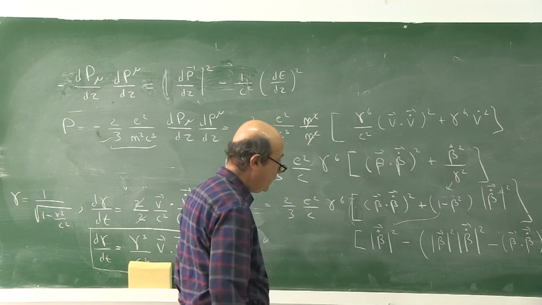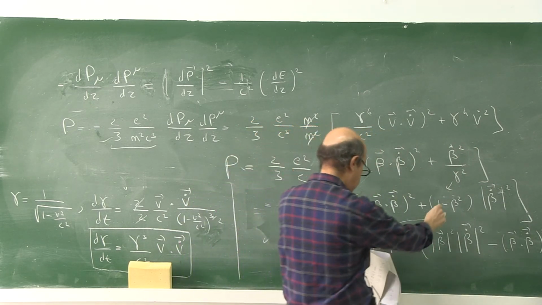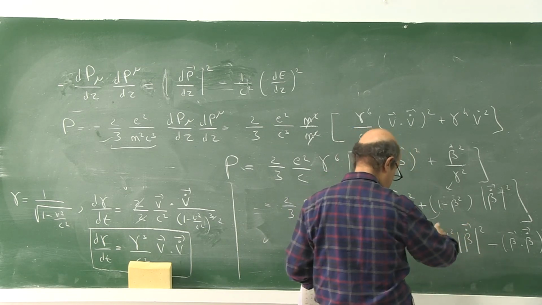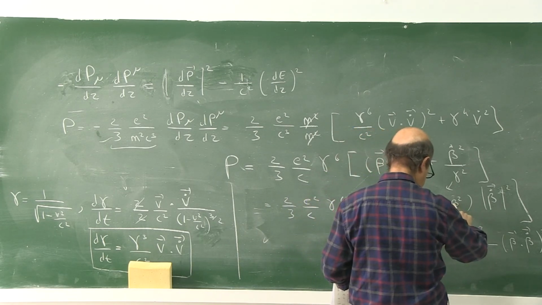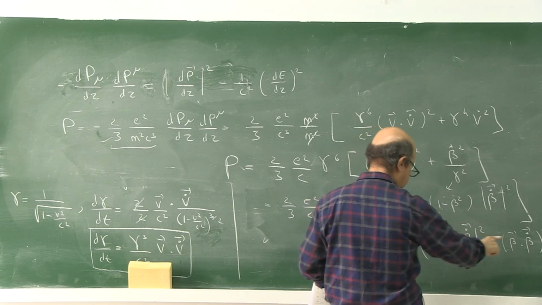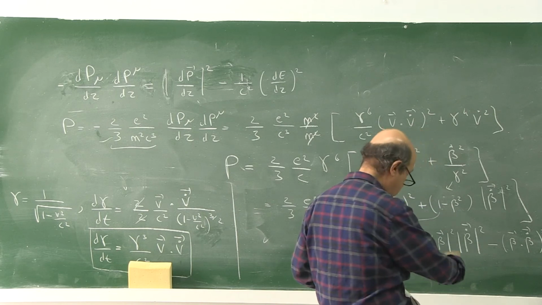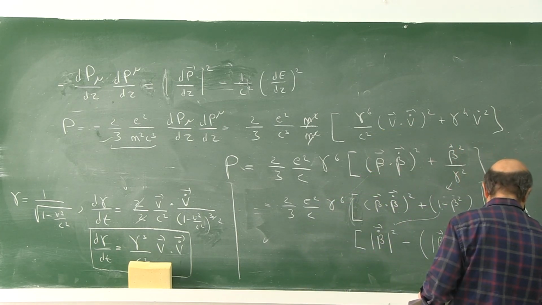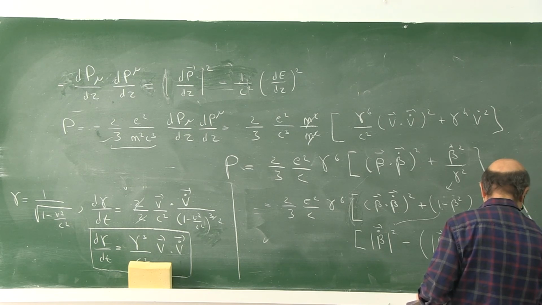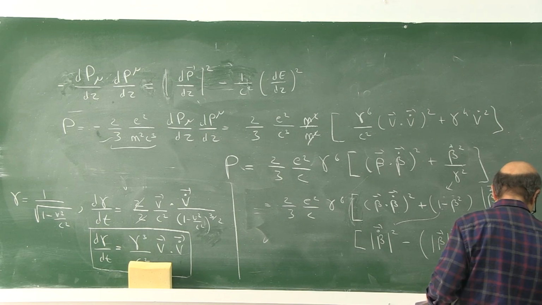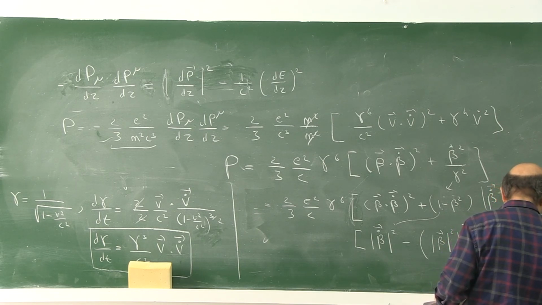Okay, so what I did, I write here beta dot square, I write here beta square, beta dot square with minus, and I take this term here. So basically this is nothing but beta square, beta dot square, cosine square theta.